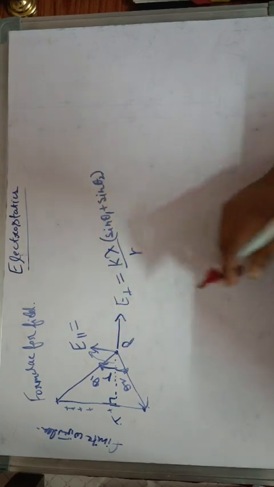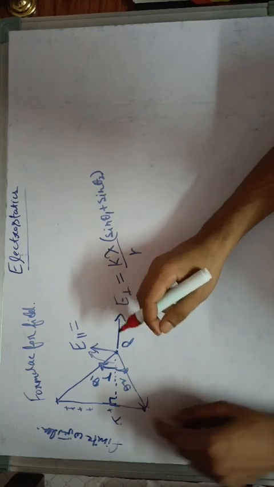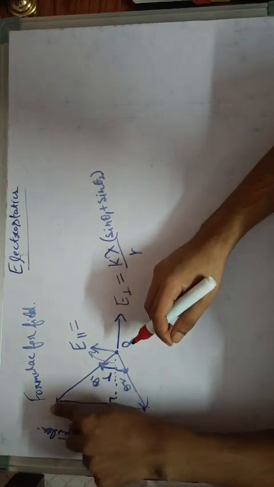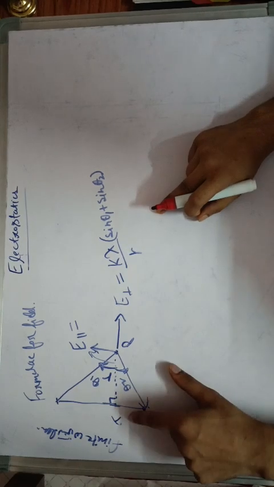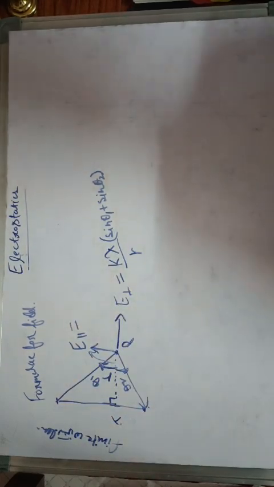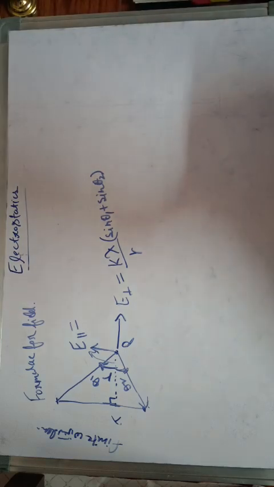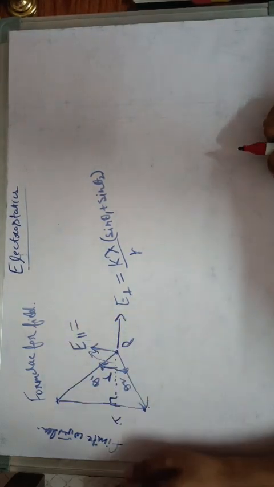This is perpendicular to the line, and the direction can be simply found by knowing the charge type. If it is positive, then it will point away from the wire, and if it is negative charge, then it will point toward the charged wire.